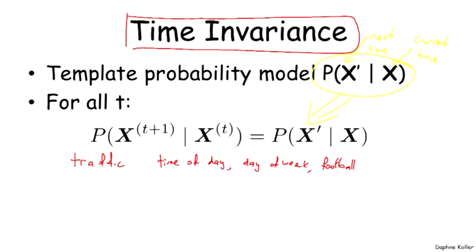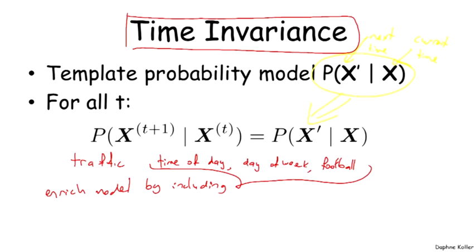The point being that just like in the previous example, we can correct inaccuracies in our assumption by enriching the model. So once again, we can enrich the model by including these variables in it. And once we have that, then again, the model becomes a much better reflection of reality.